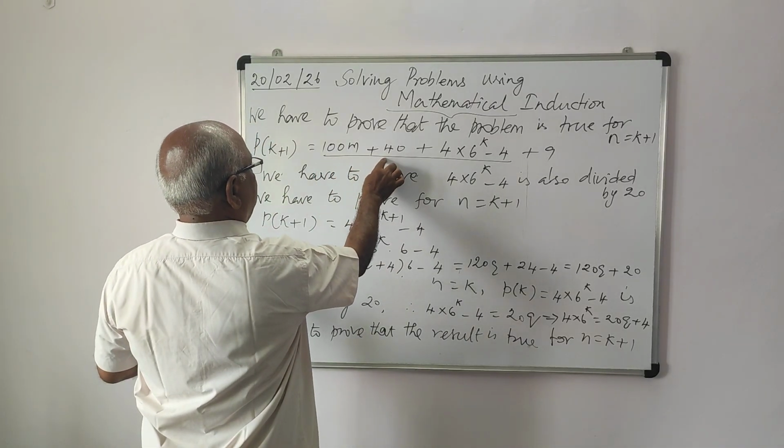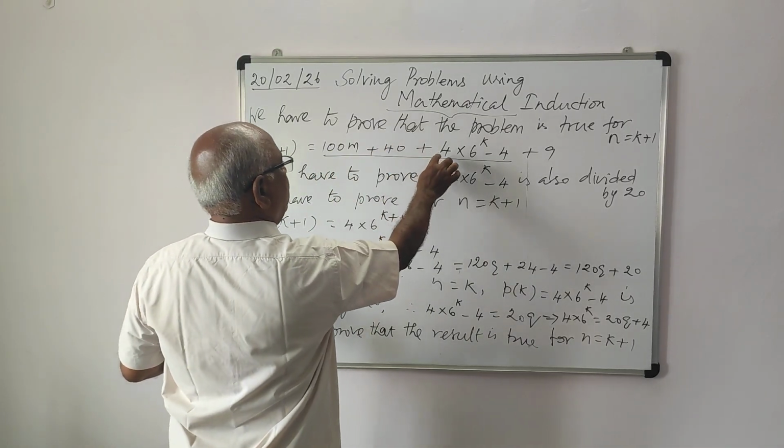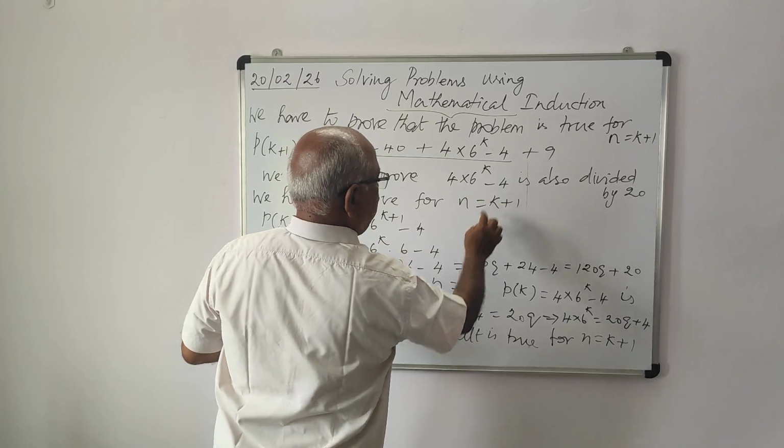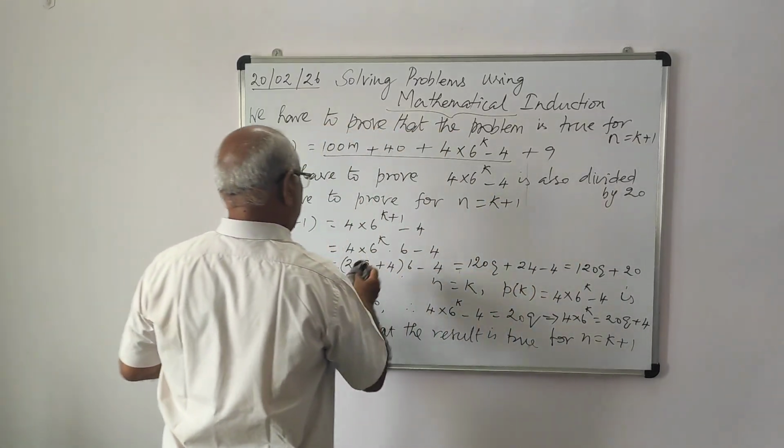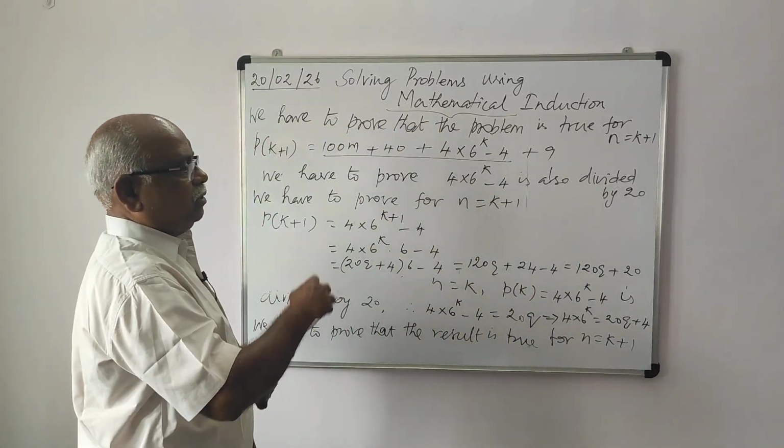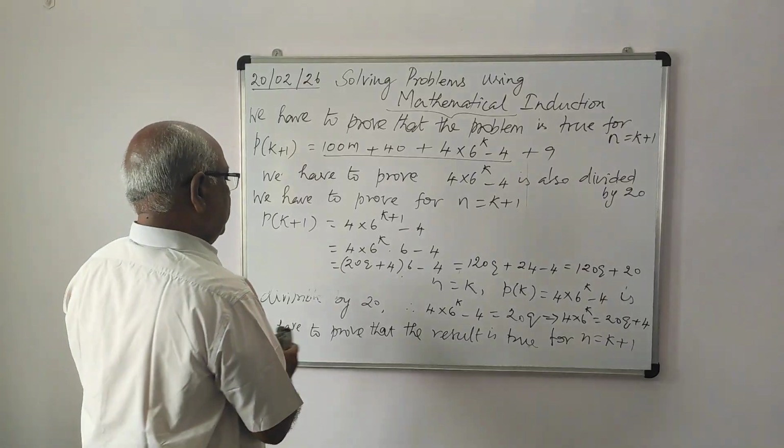Already 120q plus 20 is divisible by 20, and 4 into 6 power k minus 4 is also divisible by 20. We proved. Therefore, p of k plus 1 is also true for the problem. Okay?